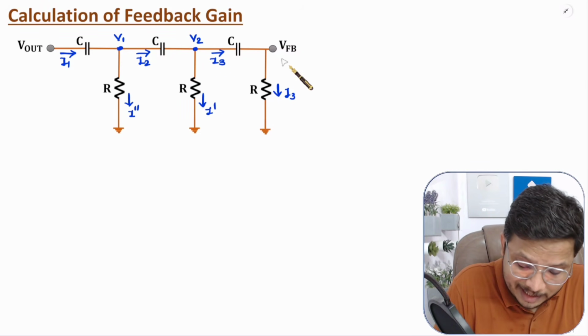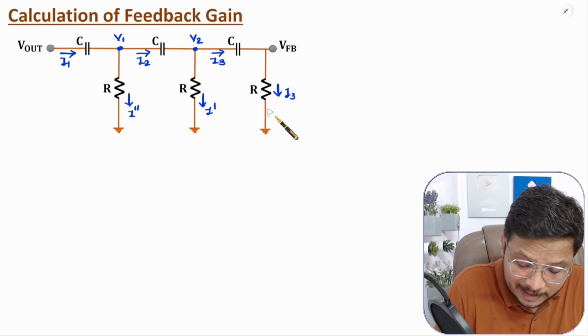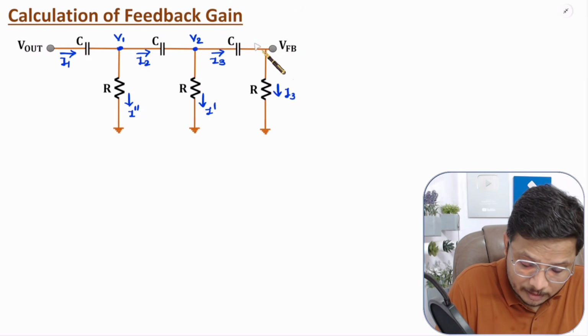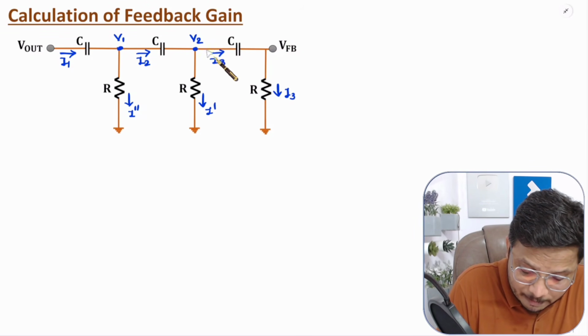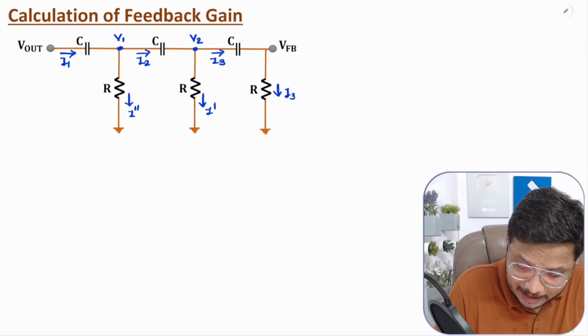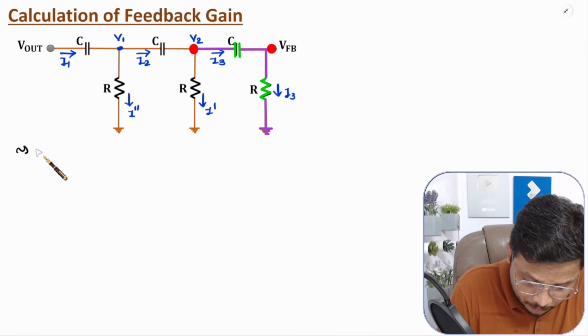Now to derive VFB divided by V out, I'll start the solution from this side. So to solve this circuit from this side, I'll consider the V2 voltage calculation first. As per this branch, let us calculate V2. What is the value of V2?